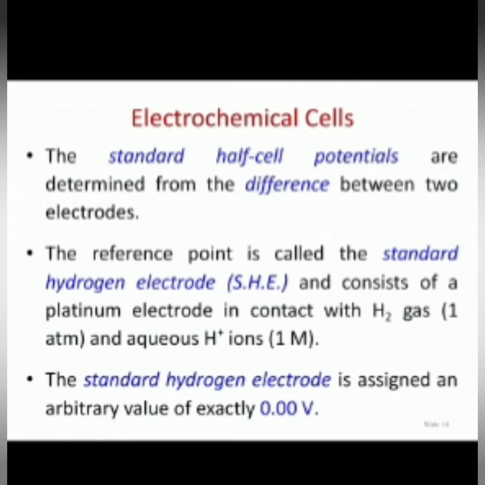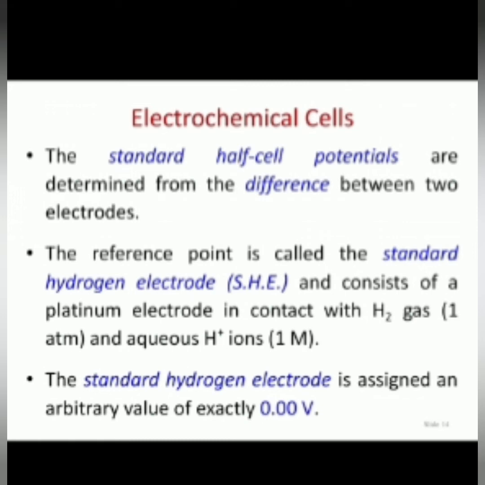And standard cell potential: the potential difference between two half cells at standard conditions is called standard cell potential.